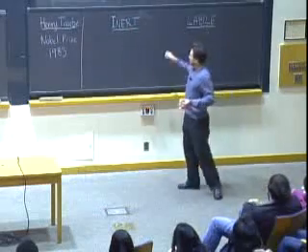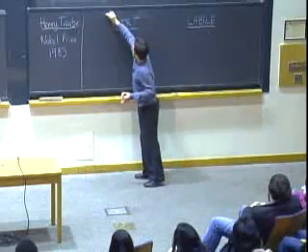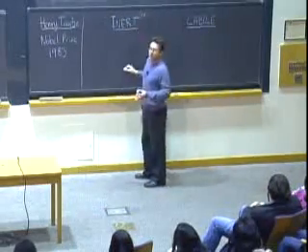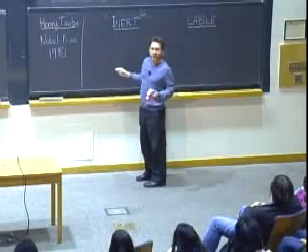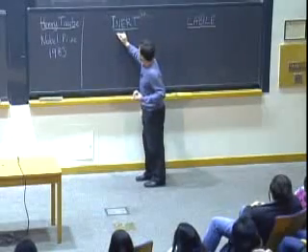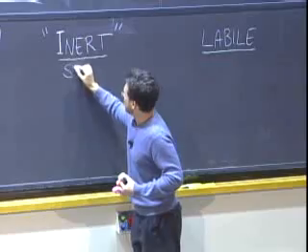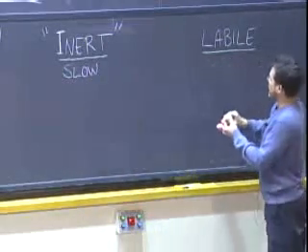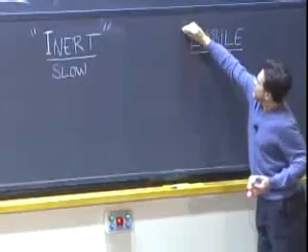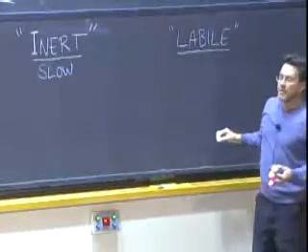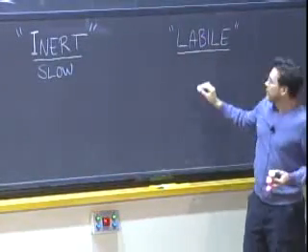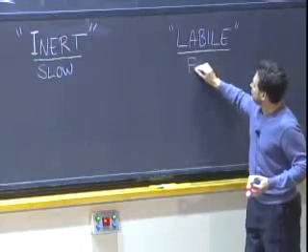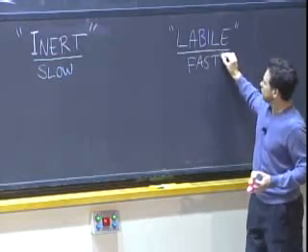Okay? So if a complex is to be thought of as quote-unquote inert, it isn't really inert. What that means is that its substitution reactions are slow. And on the other hand, if a system is to be referred to as labile, that means that its ligand substitution reactions are fast. Okay?